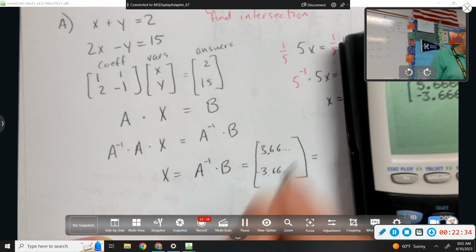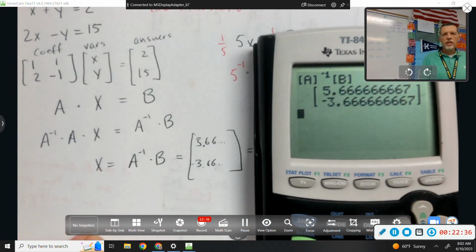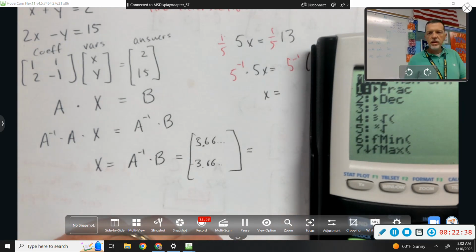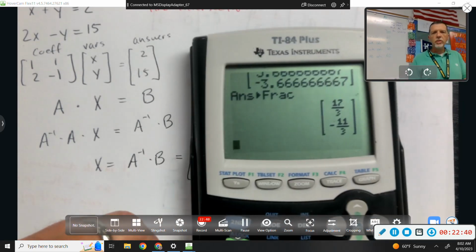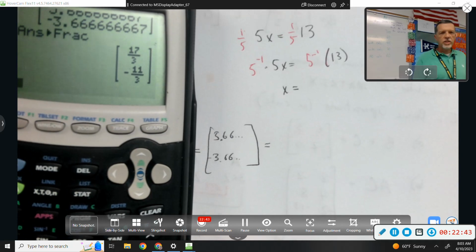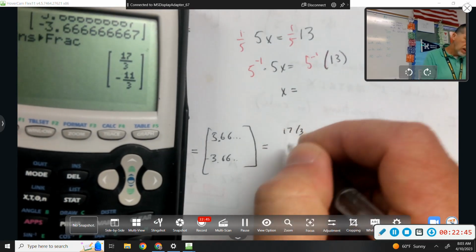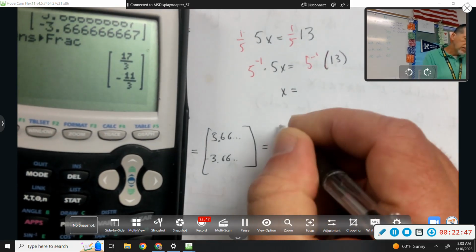Let's change those to a fraction though. The math frac button works with matrices as well. So 17 thirds and negative 11 thirds.